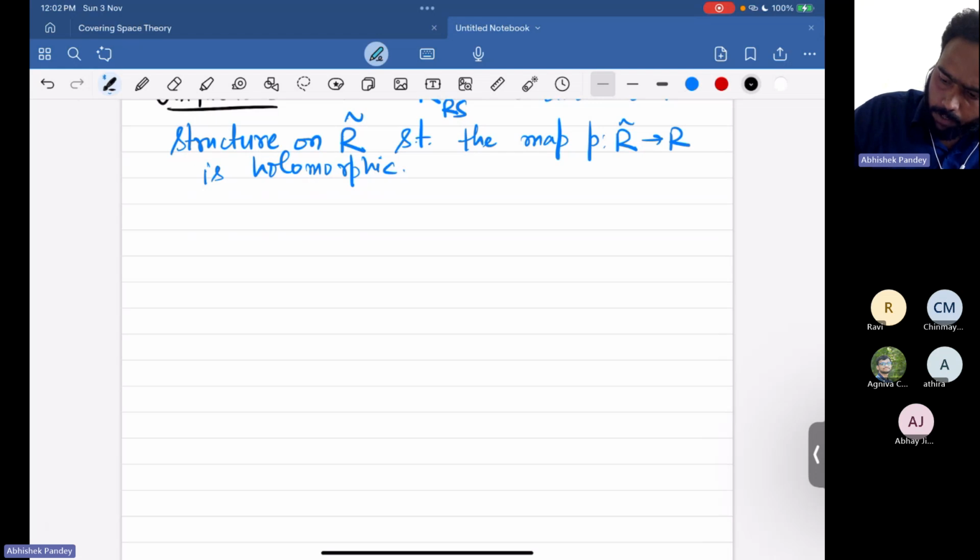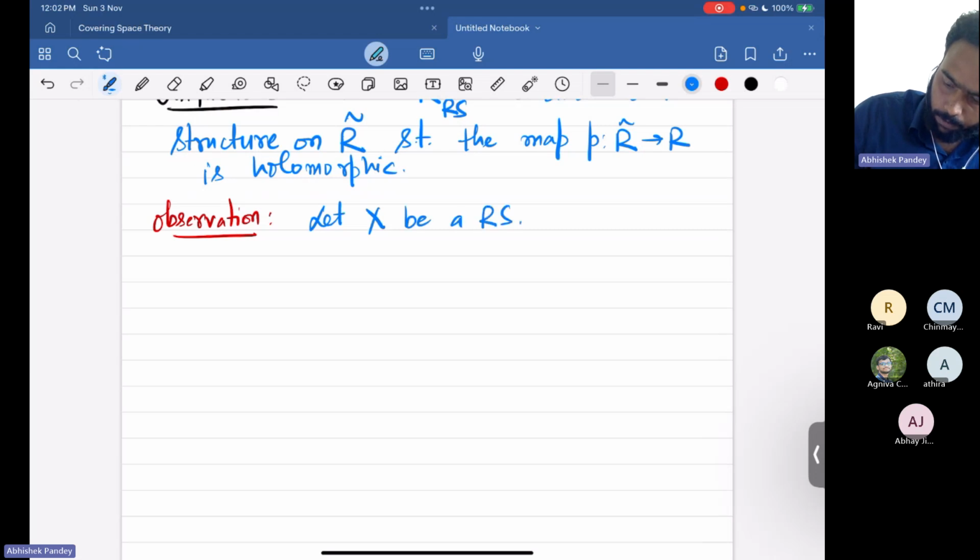So there is one observation. Okay. So let X be a Riemann surface.